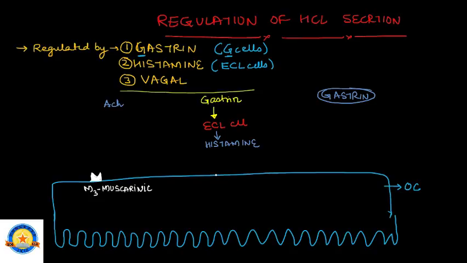So what is the next receptor we are going to learn? We'll make it like a circle. This particular receptor is called the H2 receptor, or histamine 2 receptor.